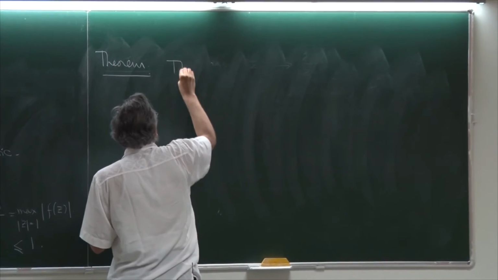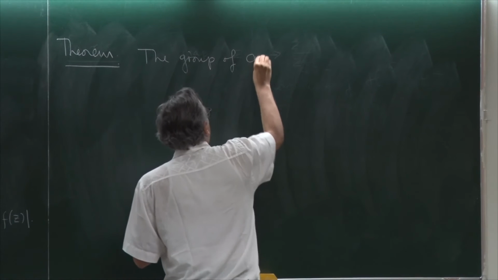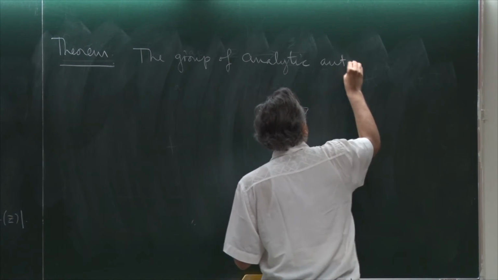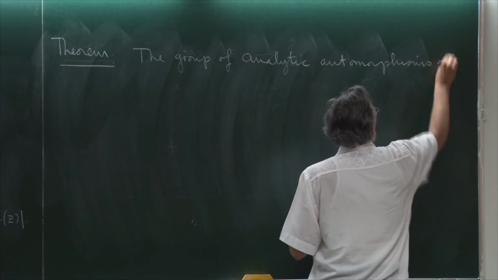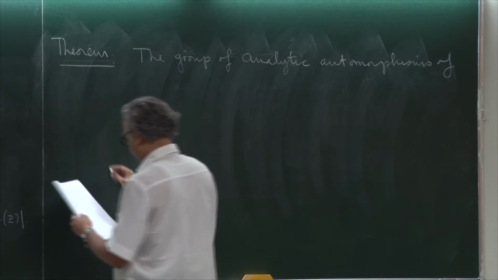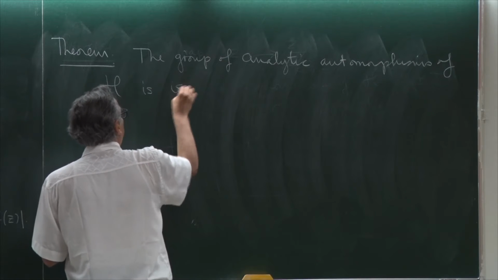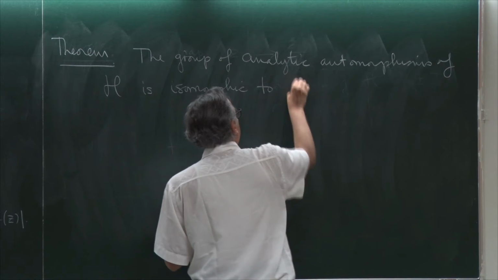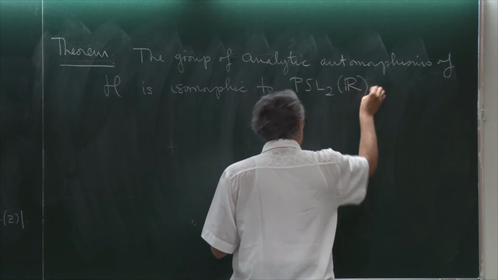The group of analytic automorphisms of the upper half plane is isomorphic to PSL2R. So that's why this group is important.